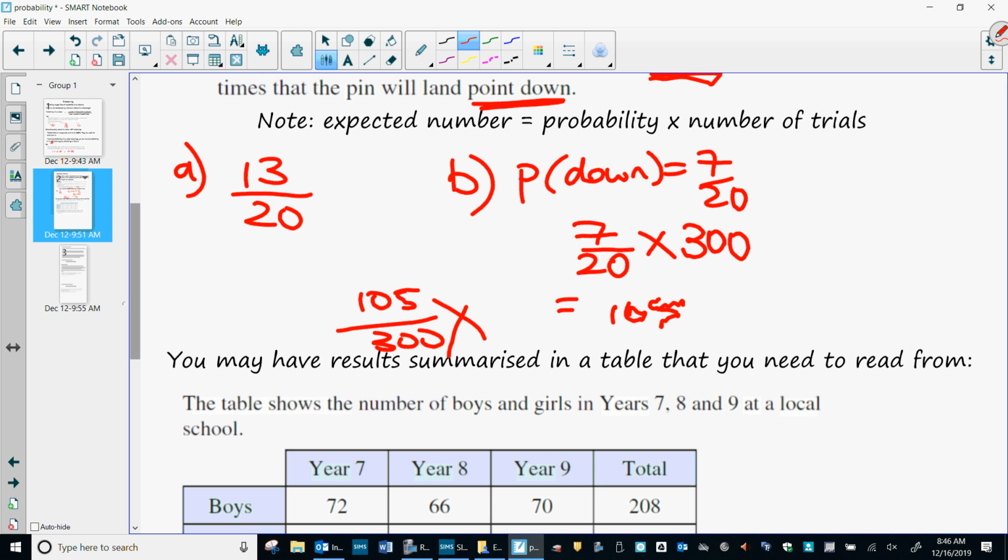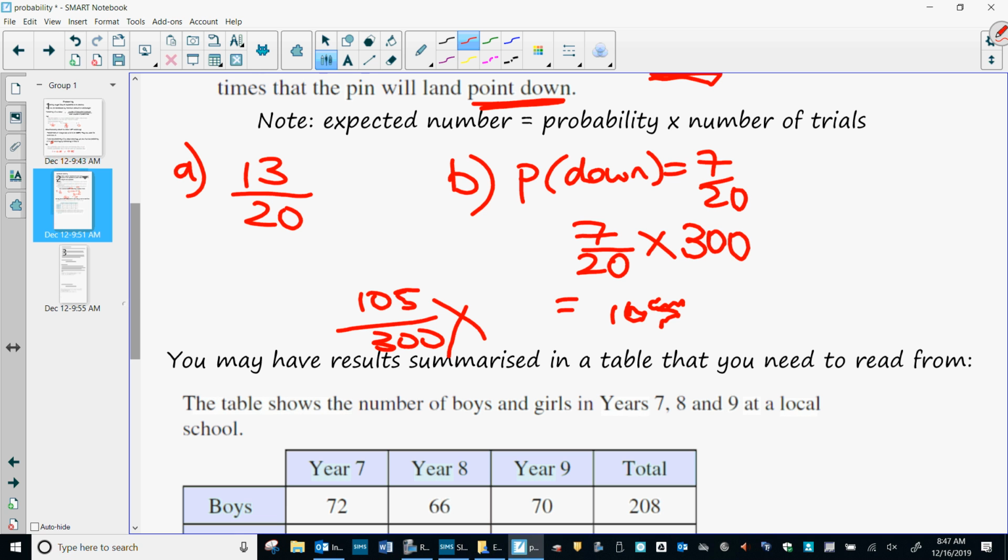Because if I said to you 20 times, and then I said 20 out of 50, that's a fraction. Like if I said I was going to give you $105, and then I'm going to give you this number of dollars, this is a tiny number because it's a fraction.